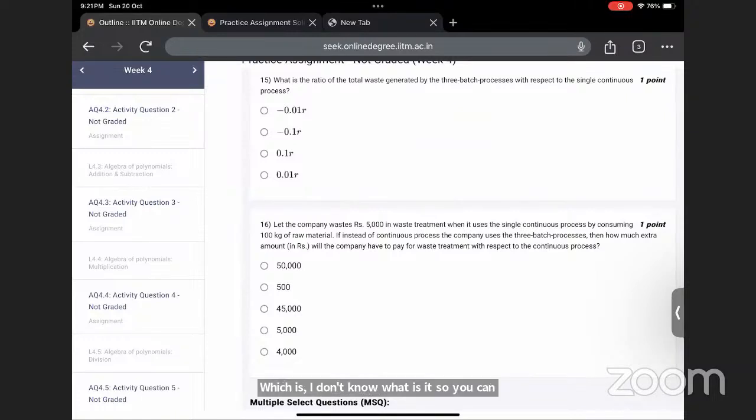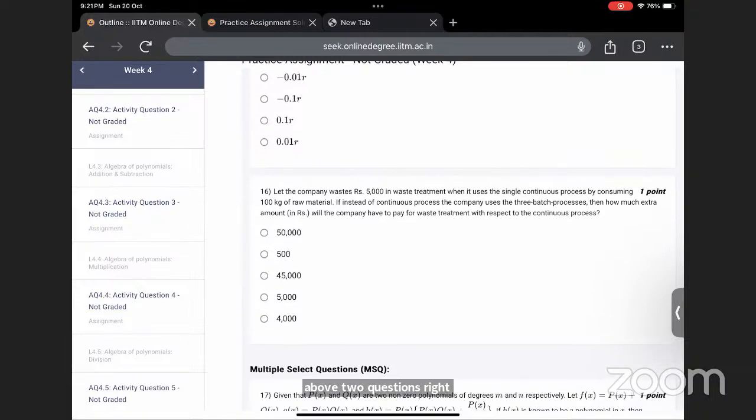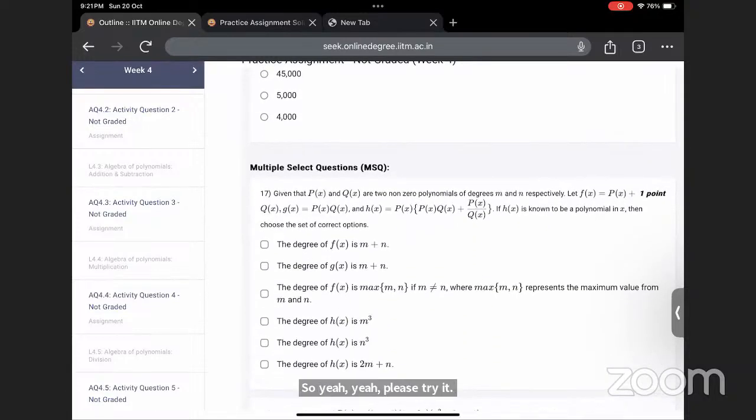And the 16th one also you can calculate from the above two questions, with the help of the above two equations, right? Okay, can you do it? I guess you have enough hint for it. Please try it on your own.